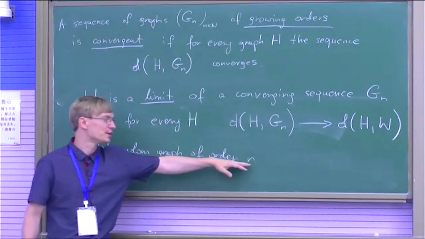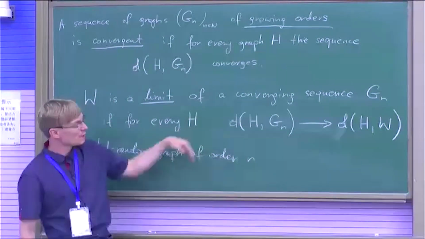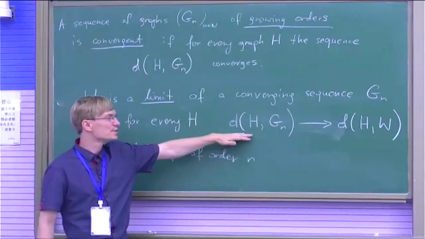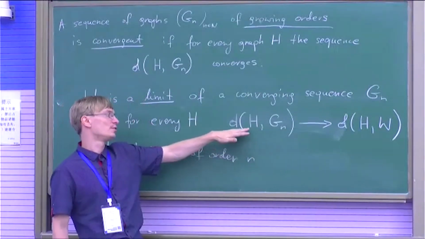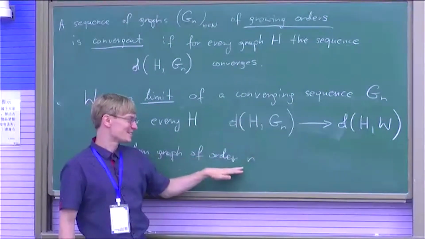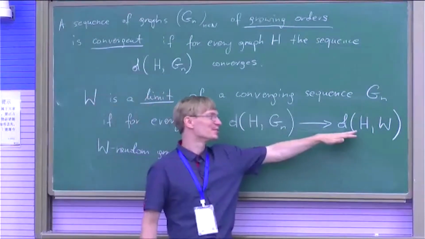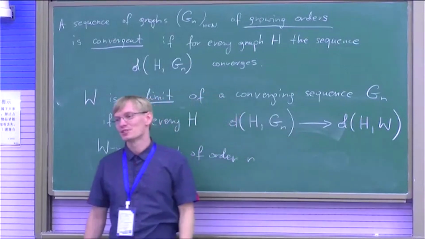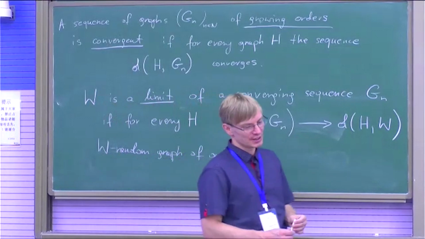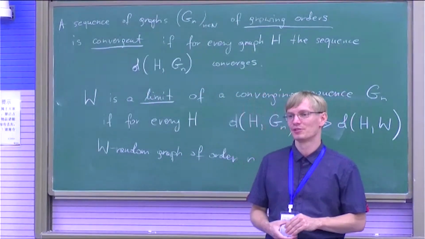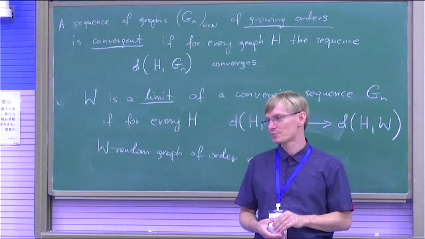I have a graph for every n, and one can just check by those concentration inequalities that the density of such graphs, of any graph in such a sequence, is tending to the density of any graph in the graphon. So in other words, indeed, every graphon is a limit of a convergent sequence of graphs.